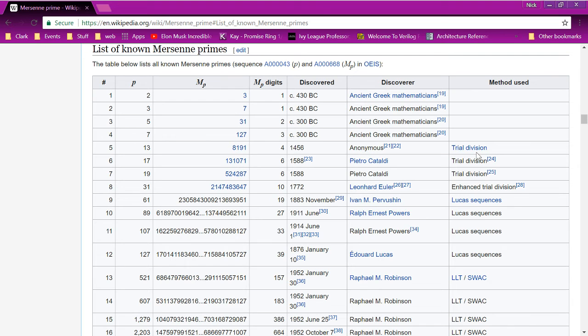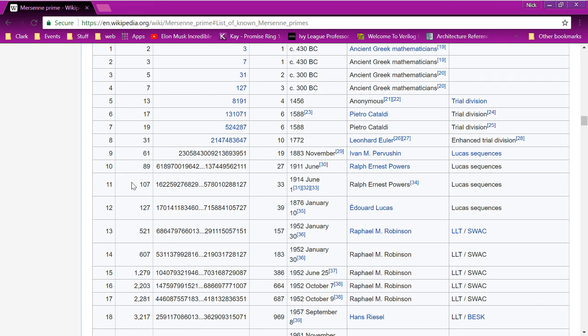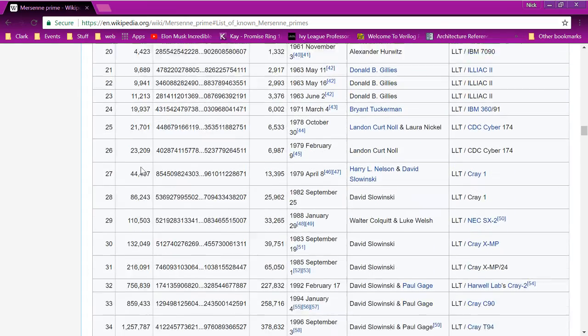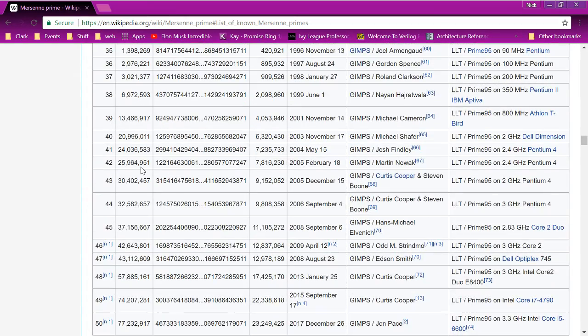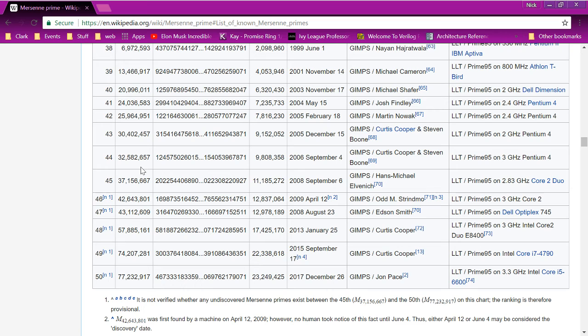They did it by trial division. 2 to the 17th, 19th, and 31st were done by trial division. And then we started using these Lucas-Lehmer tests down here. And these numbers started growing really quickly in the mid-1900s. And then at the end of the century and in this century, we've just kind of taken off.